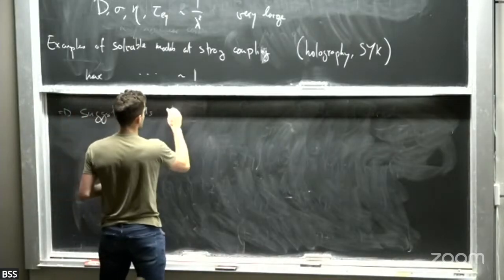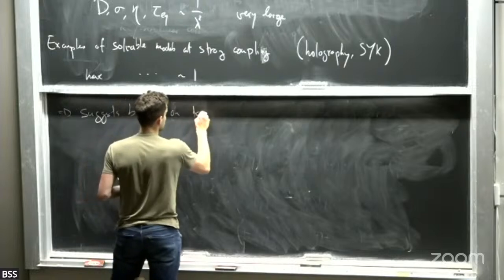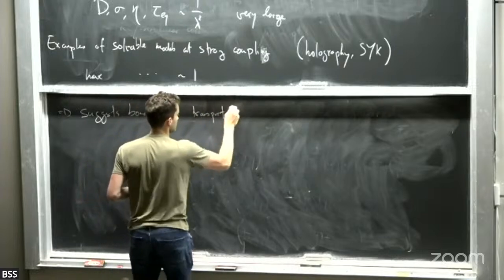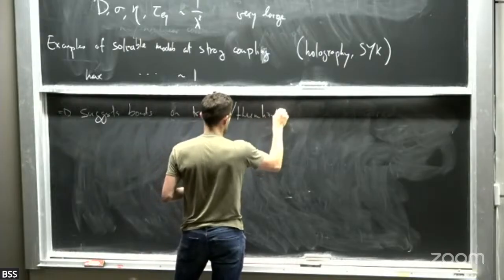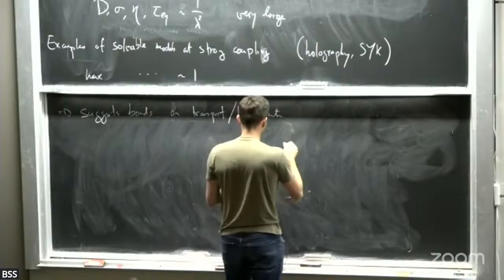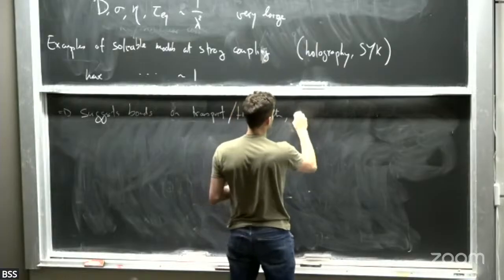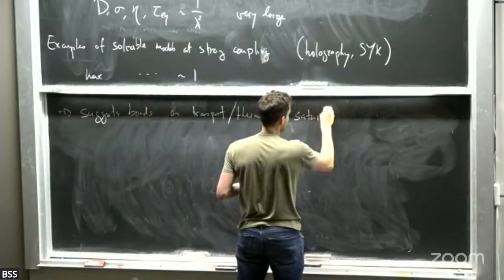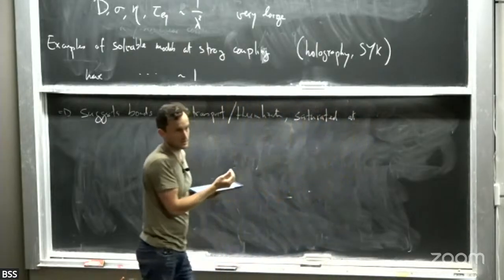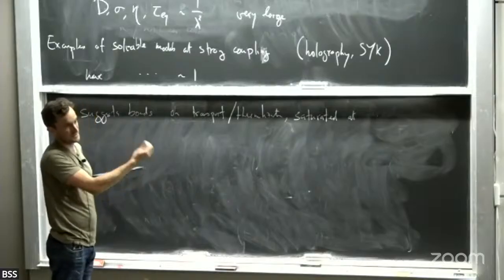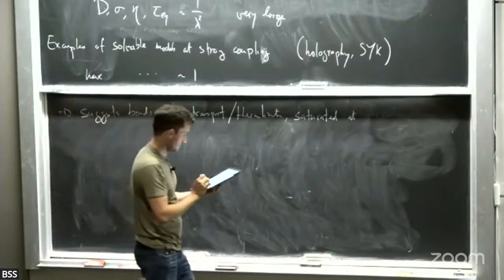It's just bounds on transport or thermalization that are close to being saturated at strong coupling. And that makes them particularly interesting because these bounds are most potent, are doing the most work in situations where you probably don't have analytic control.